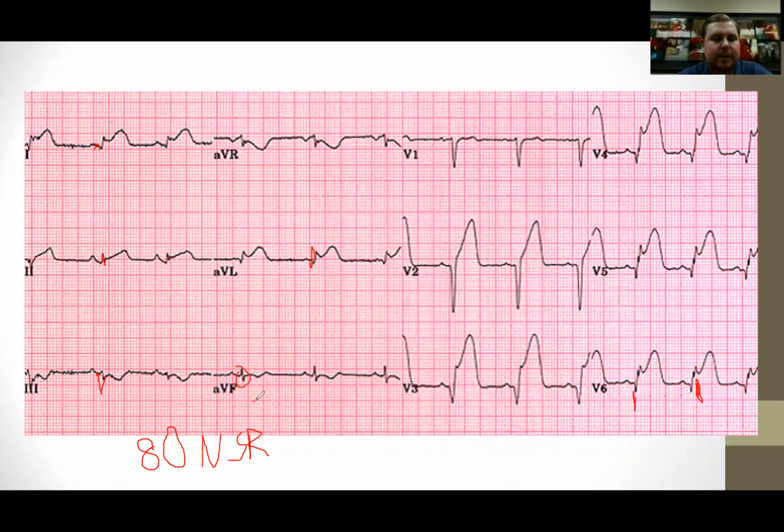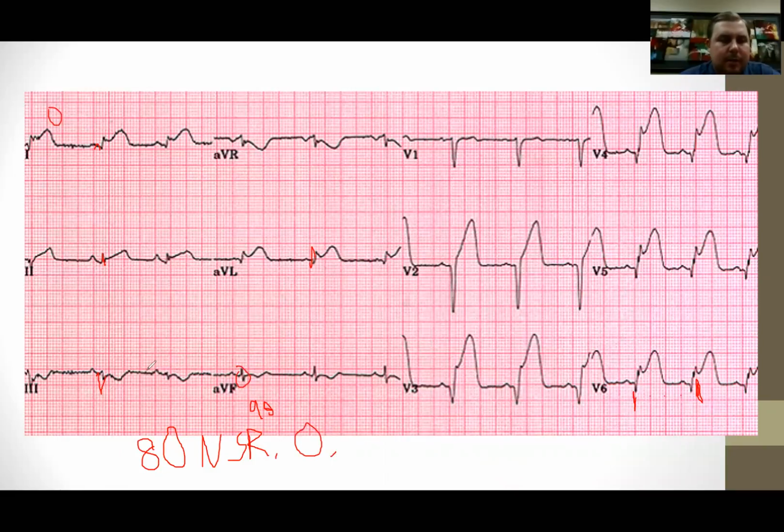So aVF sits at 90. I'm going to look for my most positive lead, which I already said is lead 1. So the QRS axis is 90 degrees off of this isoelectric lead. So the axis is 0, which is normal axis.